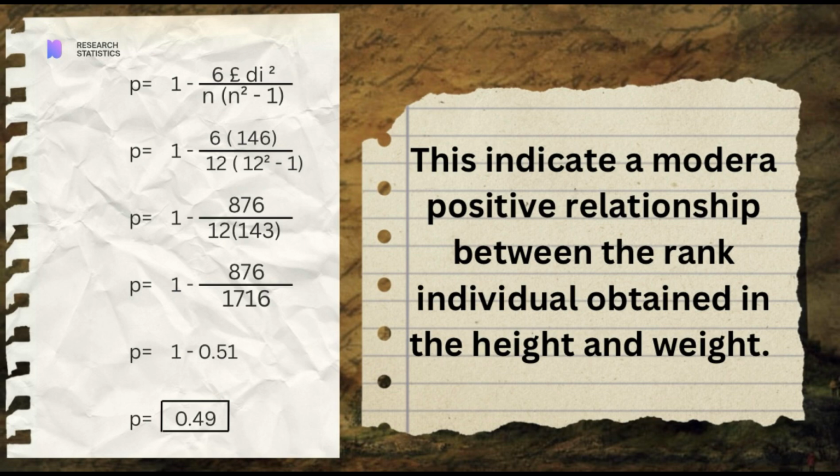Just copy the 6 since this is the given formula and put the sum, which is 146. Divide by N, which is the 12 samples, times 12 squared minus 1, and a closing parenthesis. So that is how we get rho in the formula.